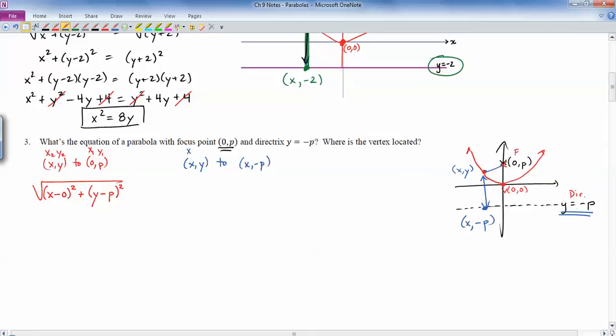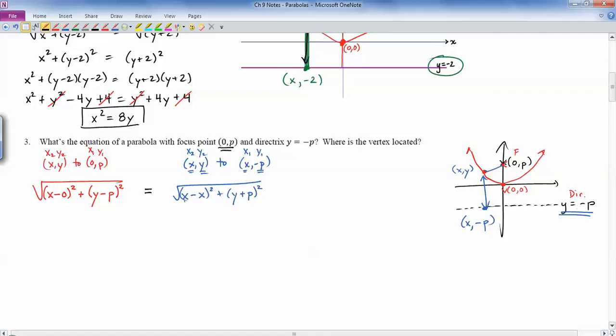So we're going to call this one x2, y2, this one x1, y1. Then we'll plug it into the distance formula and we'll get x minus x squared, that's x2 minus x1, and then y2 minus y1 will be y minus negative p, so y plus p all squared.